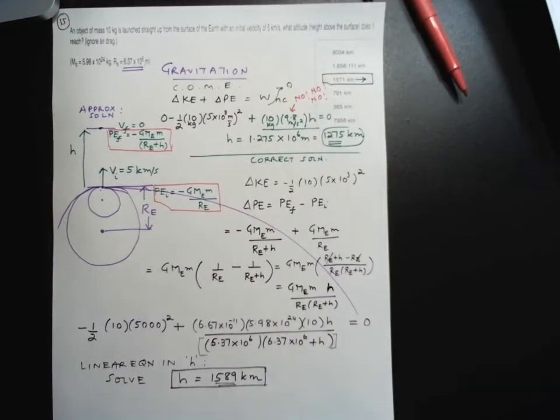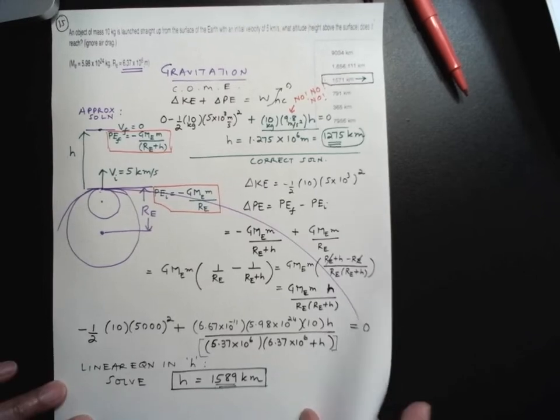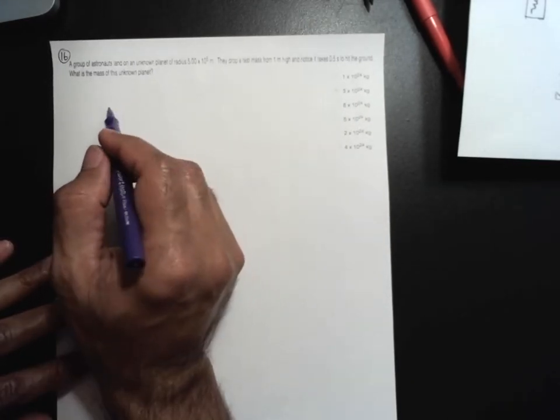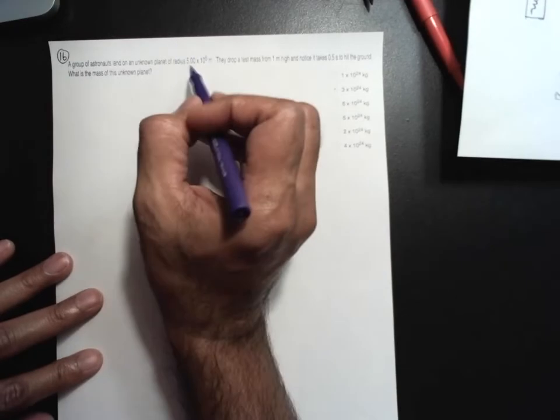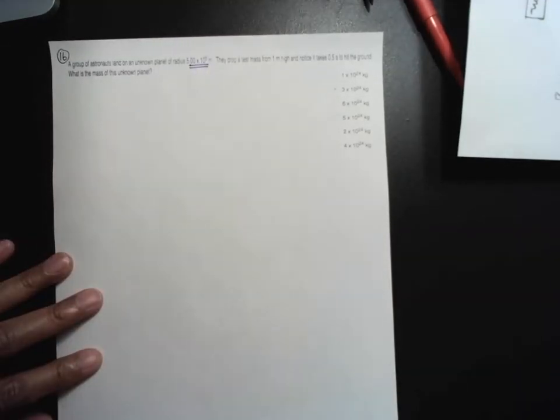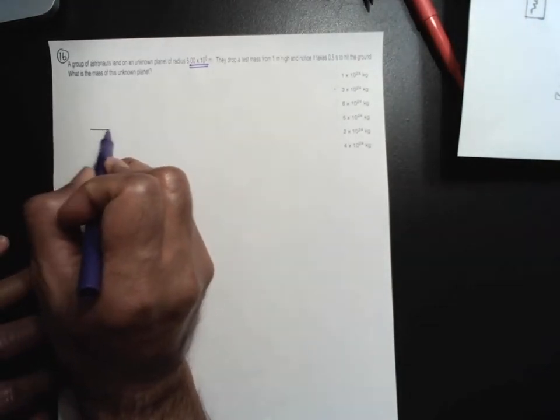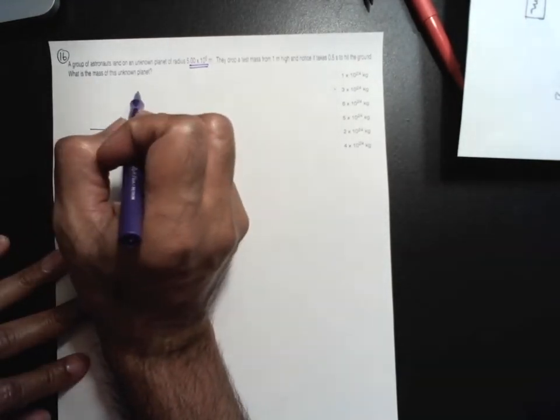Thank you. All right, so now we're down to our last four problems. Let's look at them. Number 16 is a similar one on gravitation. A group of astronauts land on an unknown planet of radius 5 times 10 to the 6 meters, and then on that planet they drop a test mass.